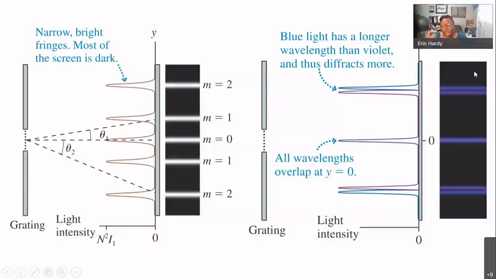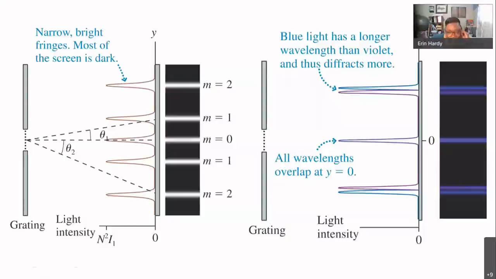If instead you switched to a laser pointer, which had essentially just one wavelength, or a very narrow range of wavelengths compared to a white light, what you would find is that the amount of spreading for long wavelength light is not equal to the amount of spreading for shorter wavelength light, even if everything else was the same. If it's the same grating, the same distance, the same room, the same atmosphere, the waves would be traveling at the same speed.